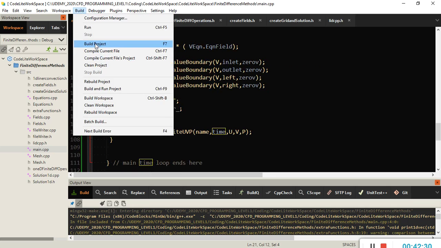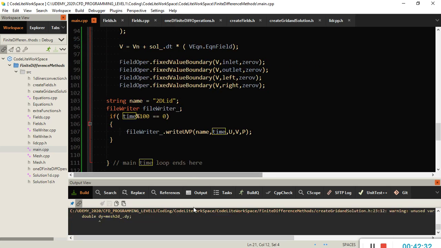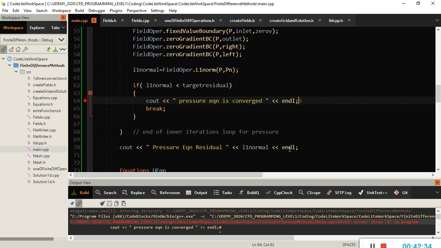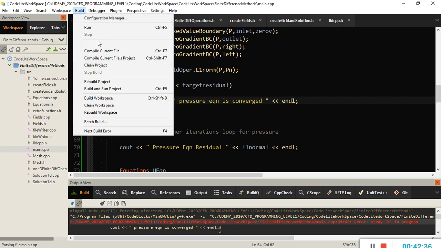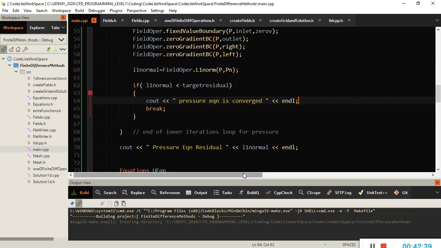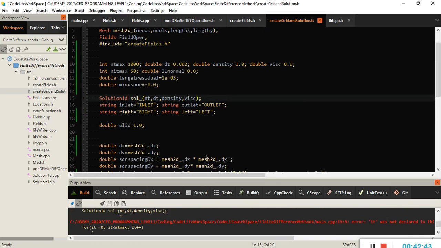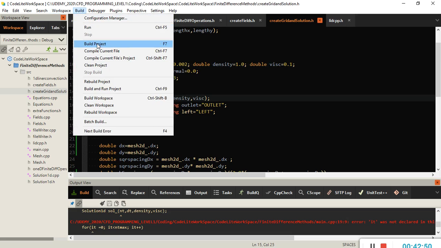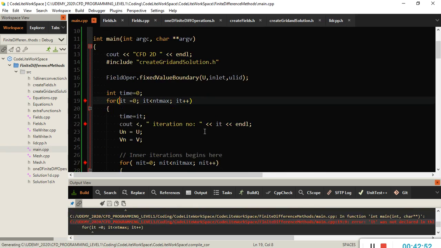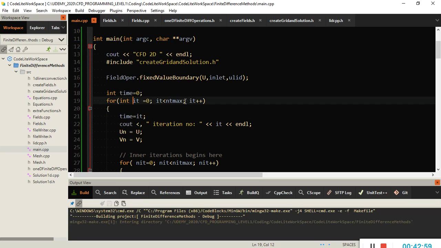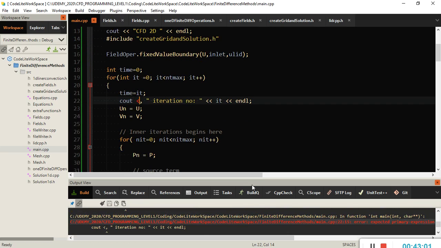So let's build the project and let's see if there are any errors. Build again. Right, because of this ntmax, and then build again. Right, this should be declared as an integer because we didn't declare it before. So int it equal to 0.